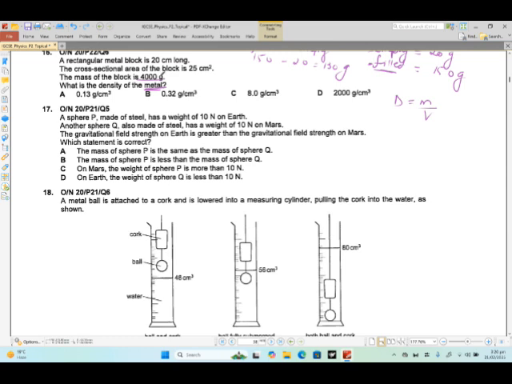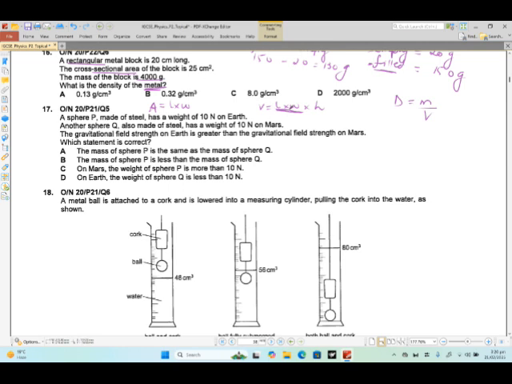Volume is found by length into width into height. We know that the cross-sectional area means length into width have already been multiplied, because area is equal to length into width of a rectangle. The block you can see is a rectangular metal block. So we already know that the area has been taken out for us, which is this.